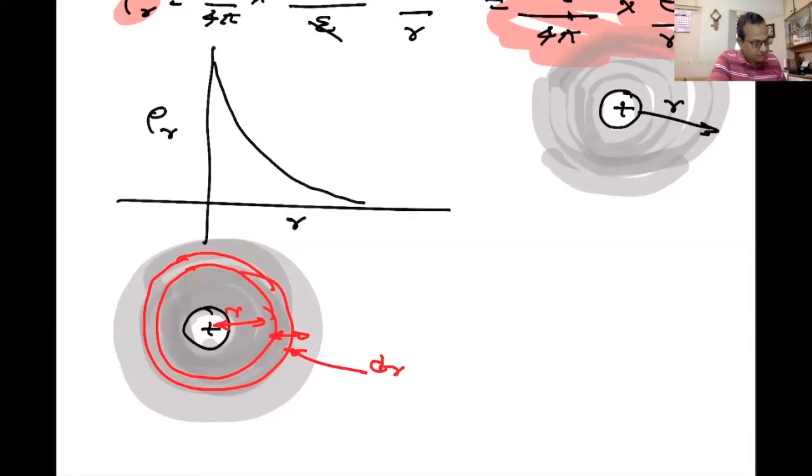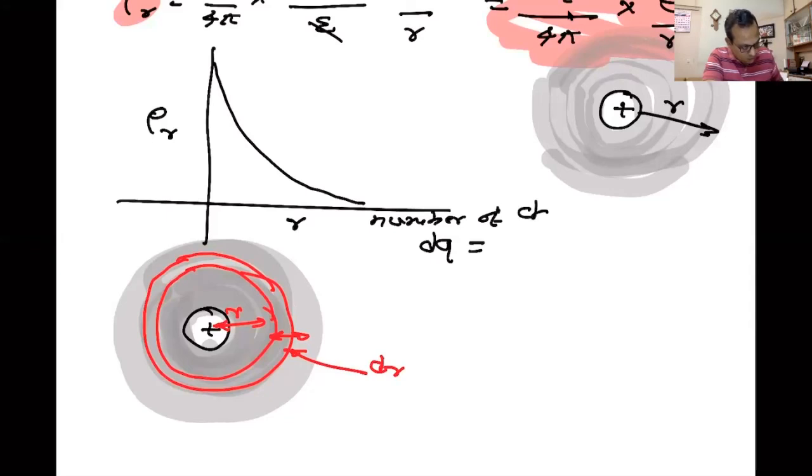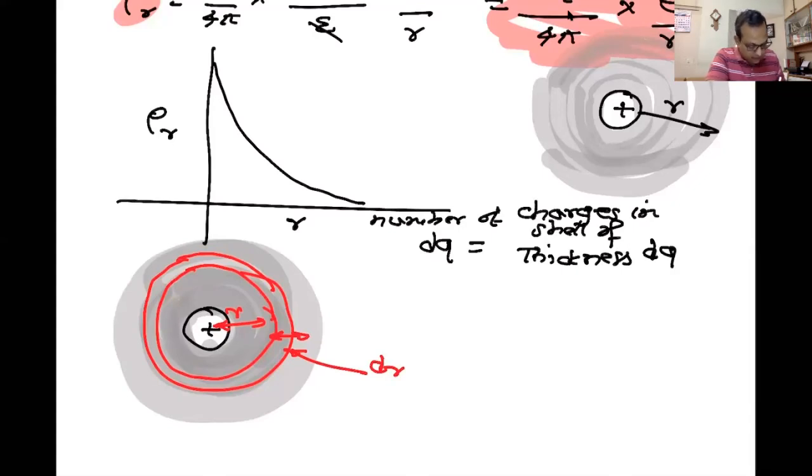Okay, so if I do that, which is nothing but dq, the number of charges in that particular shell of thickness dr at distance r.